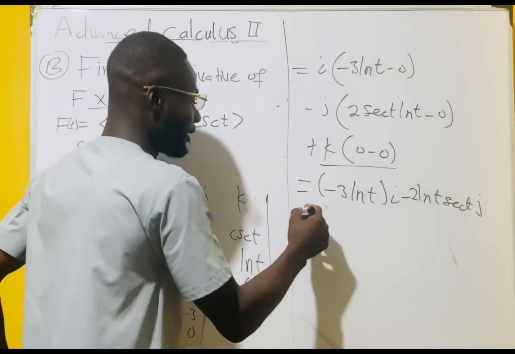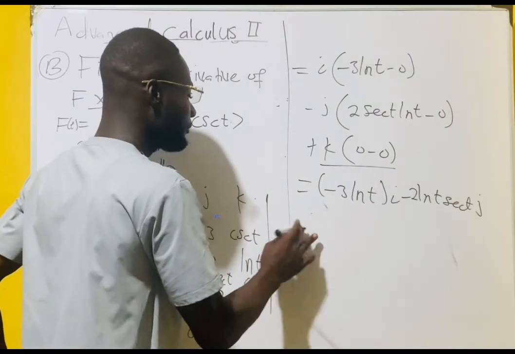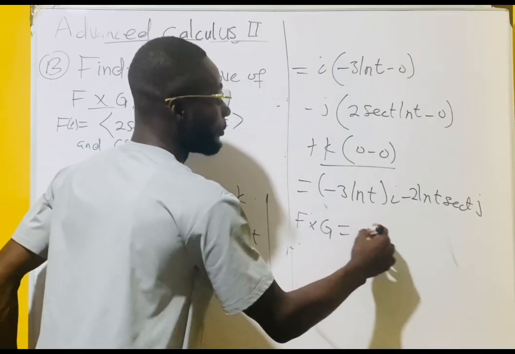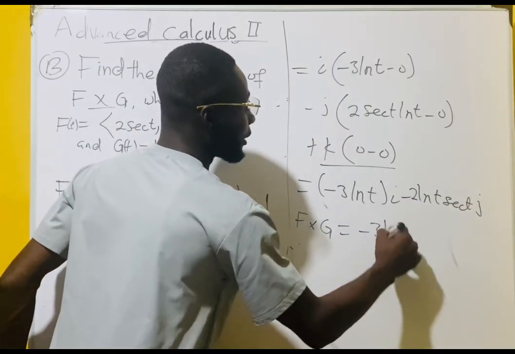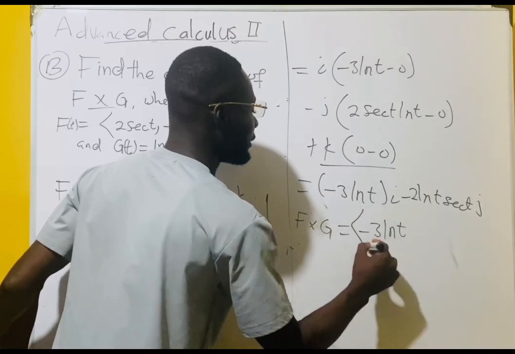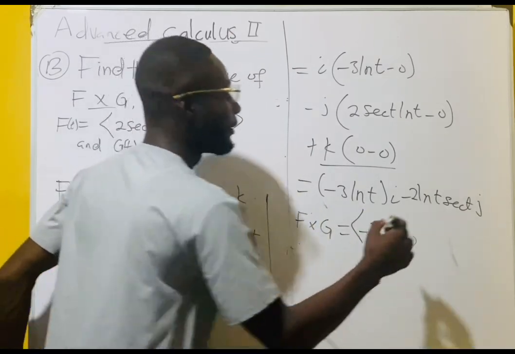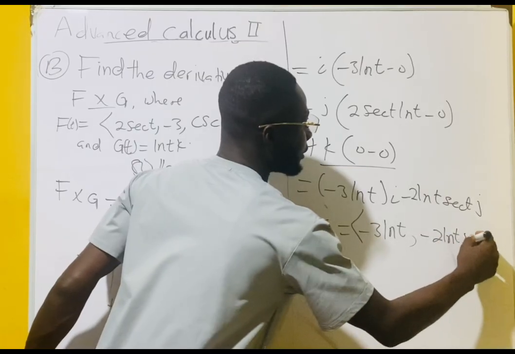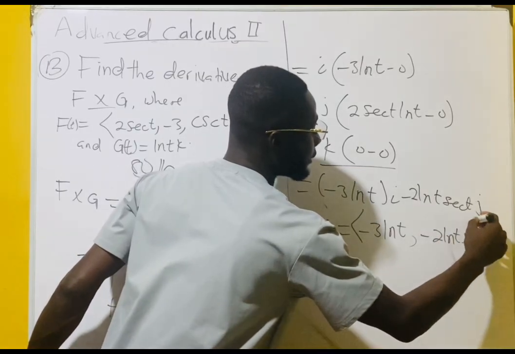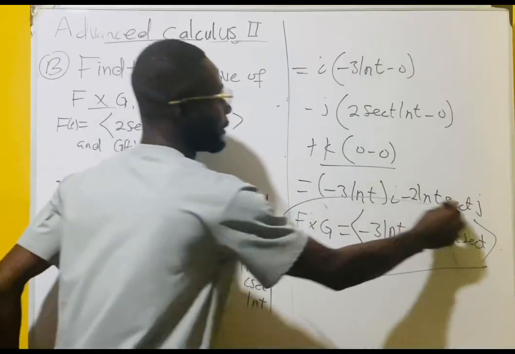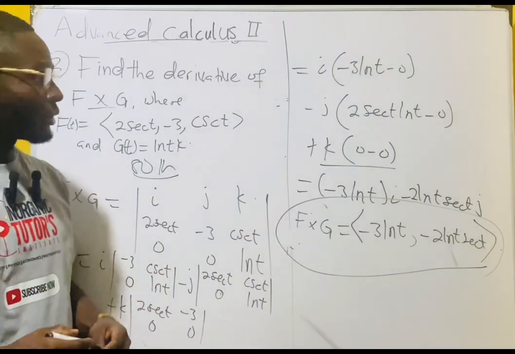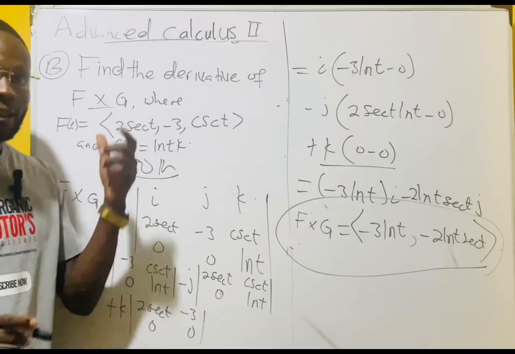So we can see that f cross g is equal to the angle bracket minus 3 ln t, minus 2 ln t sec t, right? So this is the same result as this as well. So that is the end of question number 13.